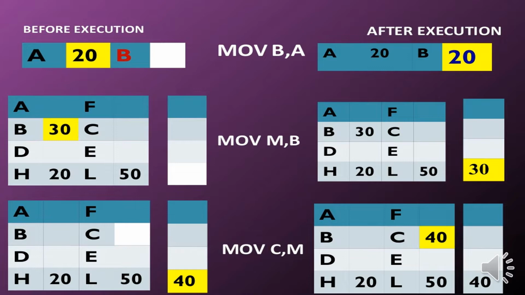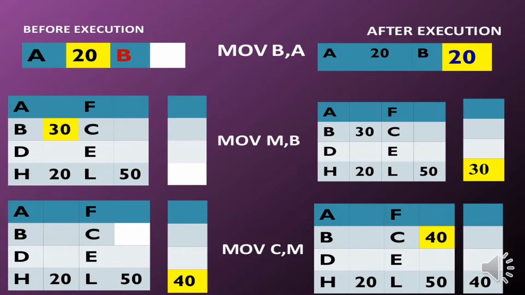So the B register content is overwritten, and the previous value is replaced by the new value of the A register content. After the execution of MOV B, A, the A register value and the B register value are both the same, 20H. The A register is the source register and the B register is the destination register. Both registers are 8-bit registers which hold 8-bit data. So the instruction MOV B, A is a copying instruction.